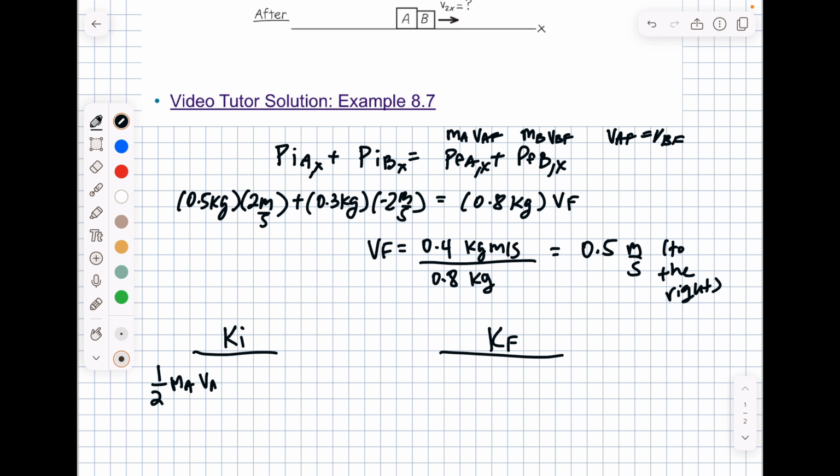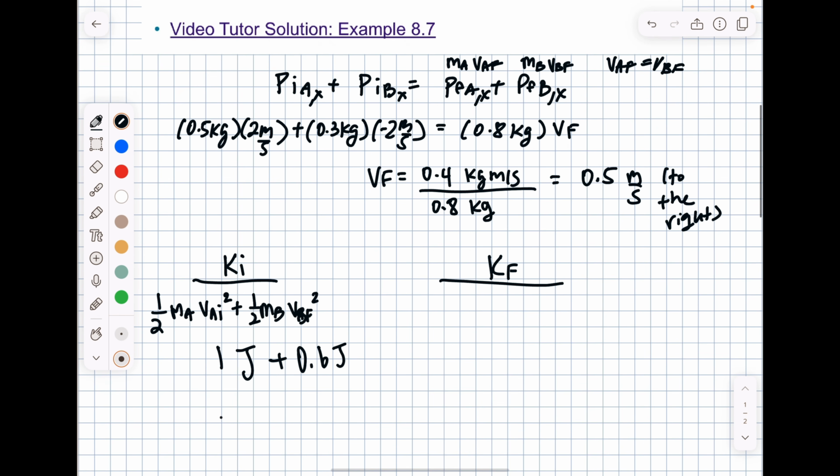We did that in the previous example, so you could run over there and grab that value. It was 1 joule for the kinetic energy of A, and then 0.6 joules for the kinetic energy of B. Okay, so their initial kinetic energy together is 1.6 joules.